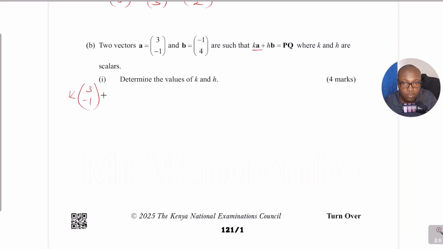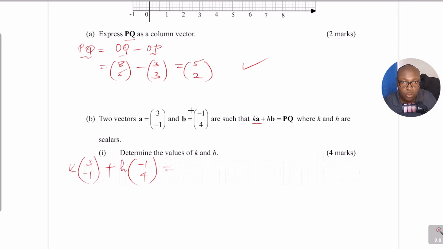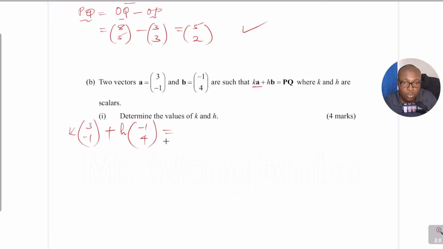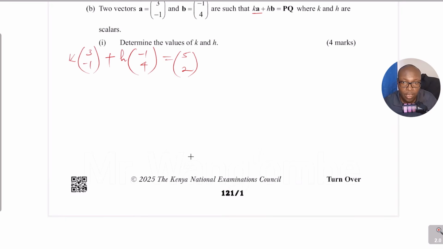So 3, -1. Then plus H times B, B is -1, 4, is equal to PQ. We got vector PQ in column form to be 5, 2. So you just write it there, 5, 2. Then from there, K times each of these elements: K times 3, you open this bracket, you have 3K, then K times -1, -K.